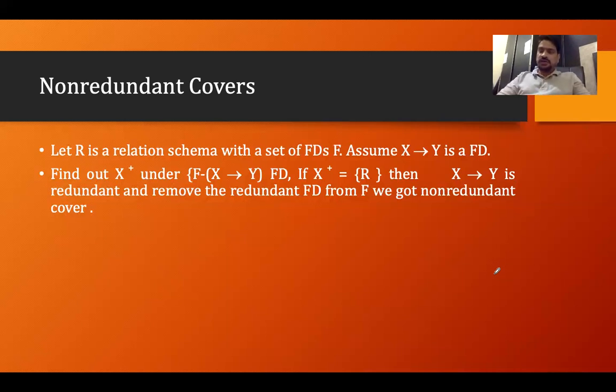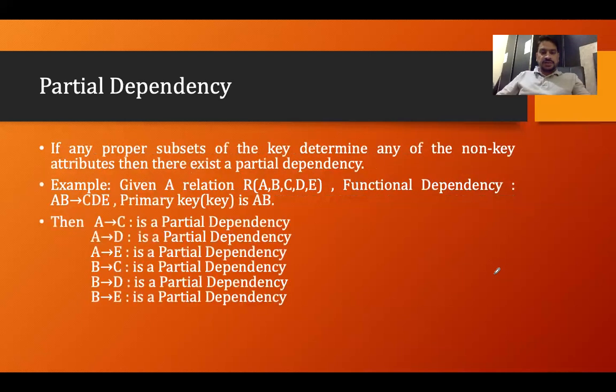Then that particular functional dependency comes under redundant functional dependency. And when we remove that redundant functional dependency, the whole remaining set of functional dependencies is called non-redundant cover. Let me tell you one example.